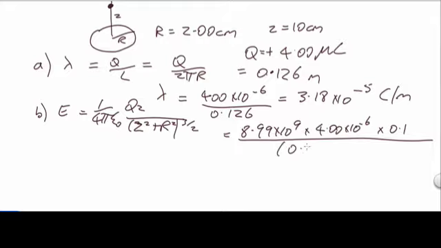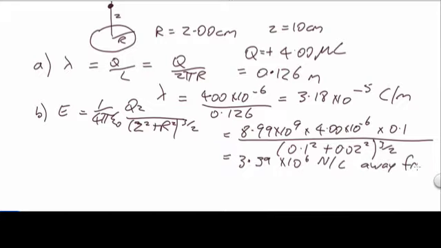And we have here 0.1 squared plus 0.02 squared to the 3 over 2. And that comes out to be about 3.39 by 10 to the 6 newtons per coulomb, and the direction is away from the ring, or in the plus Z direction.